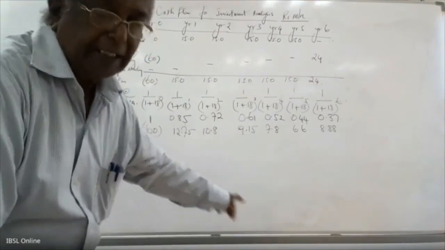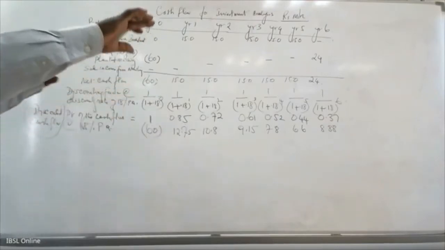This is the discounted cash flow. Now all are at the same level.